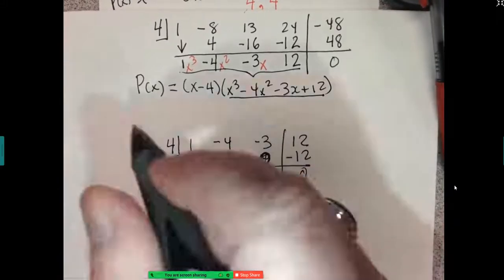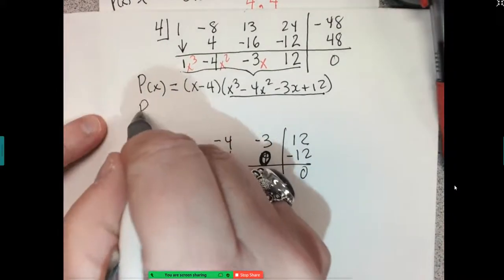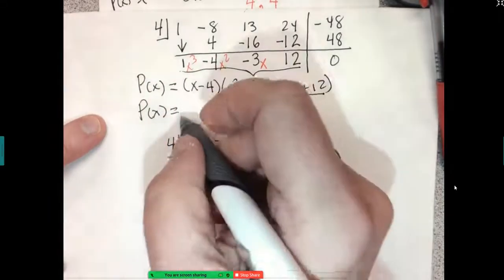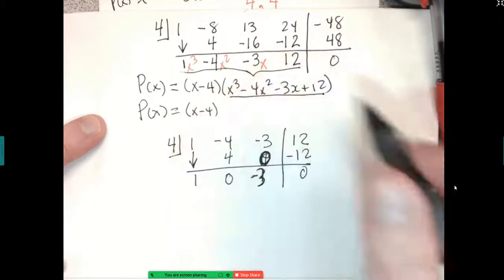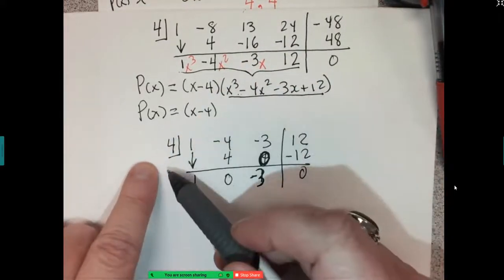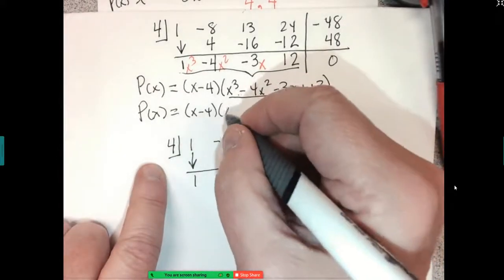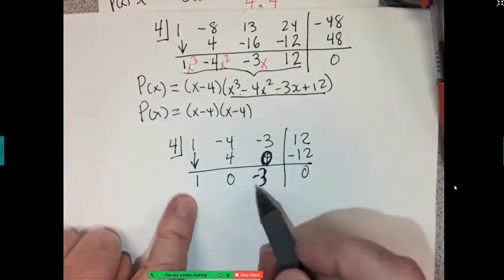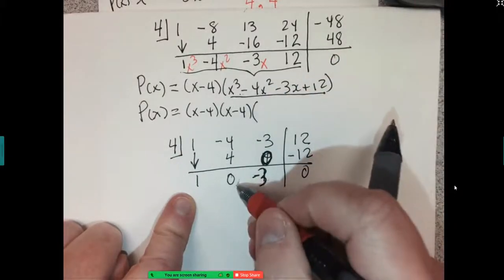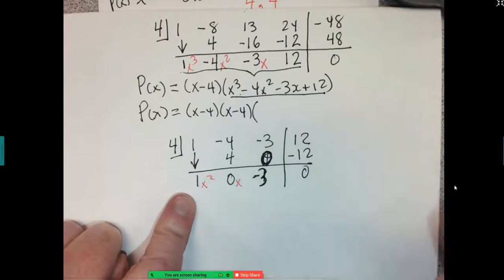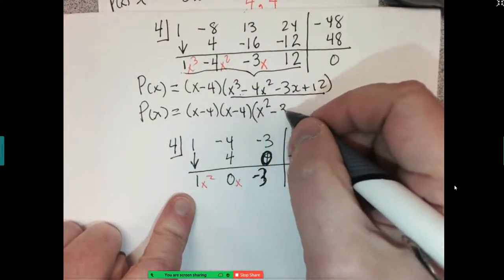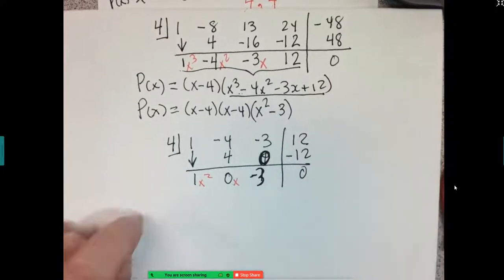Okay, so I can now rewrite P of X as, I'm copying this one. And now this one can be written as the divisor, x minus the number in the box, times the quotient. That's my constant, that's my x term, that's my x squared term. So my quotient here is going to be x squared minus 3, plus the remainder, which is 0.